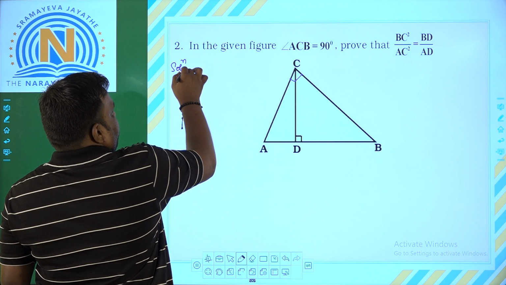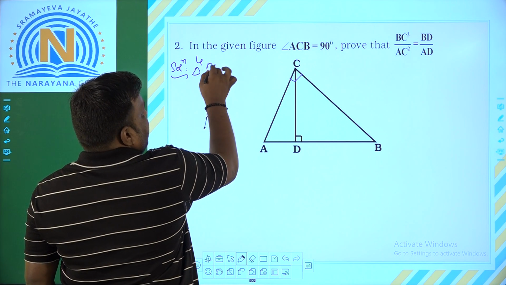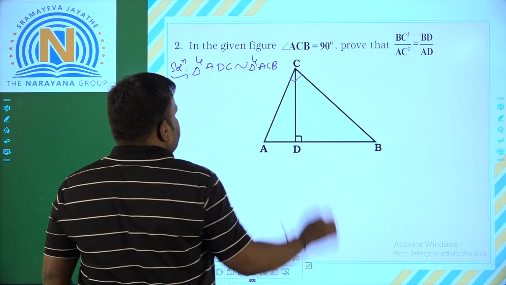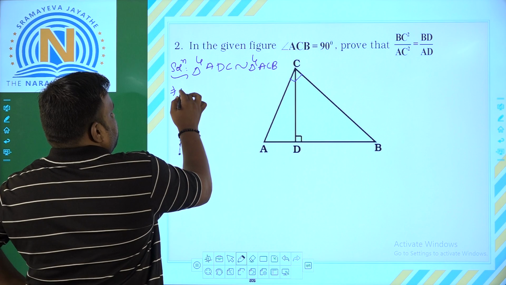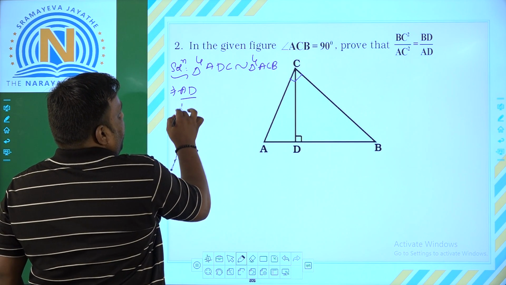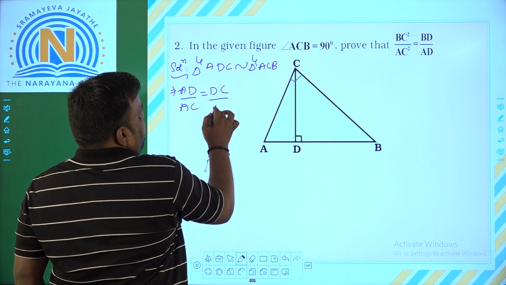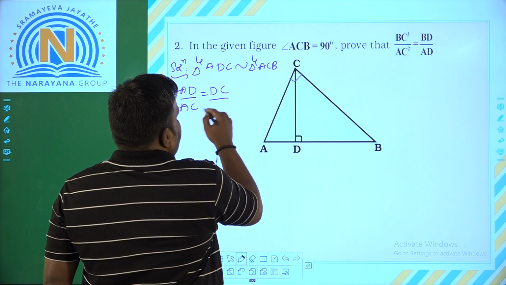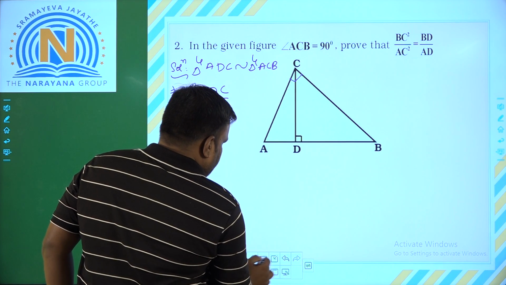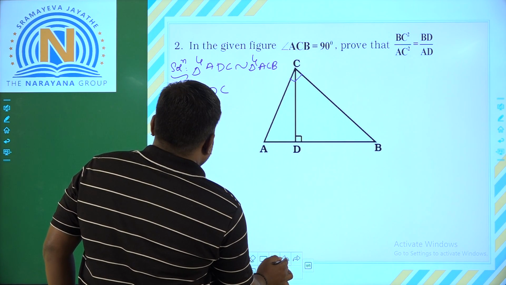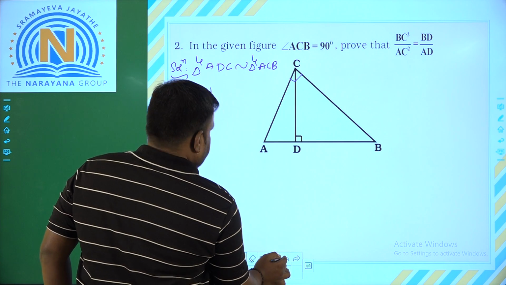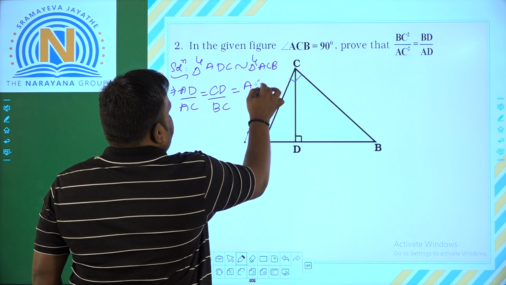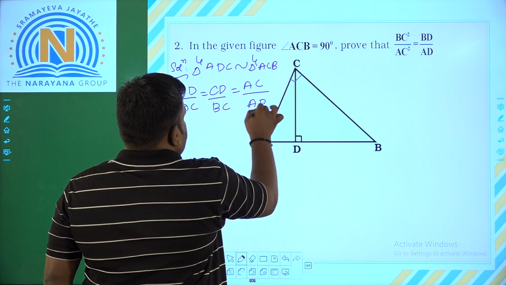So when you look after this one, first triangle ADC is similar to triangle ACB, right angle is at C. Again the same thing is followed. So AD by AC is equal to CD by BC is equal to AC by AB.